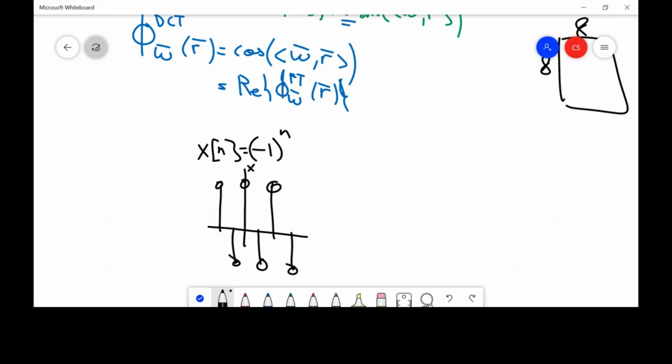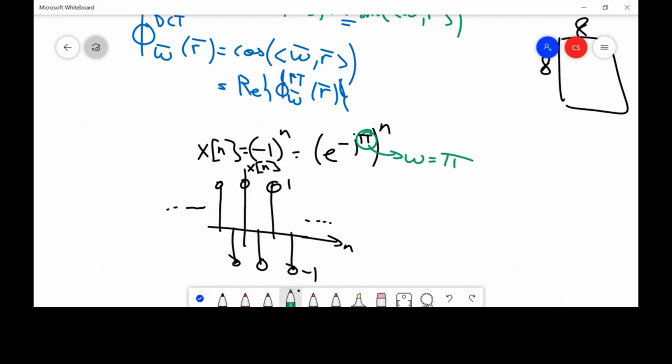So this is x of n, this is n, this is 1, and this is -1. And it goes on. This is the same as e to the j pi times n, and this is the frequency. That is why pi is the maximum frequency you can have.